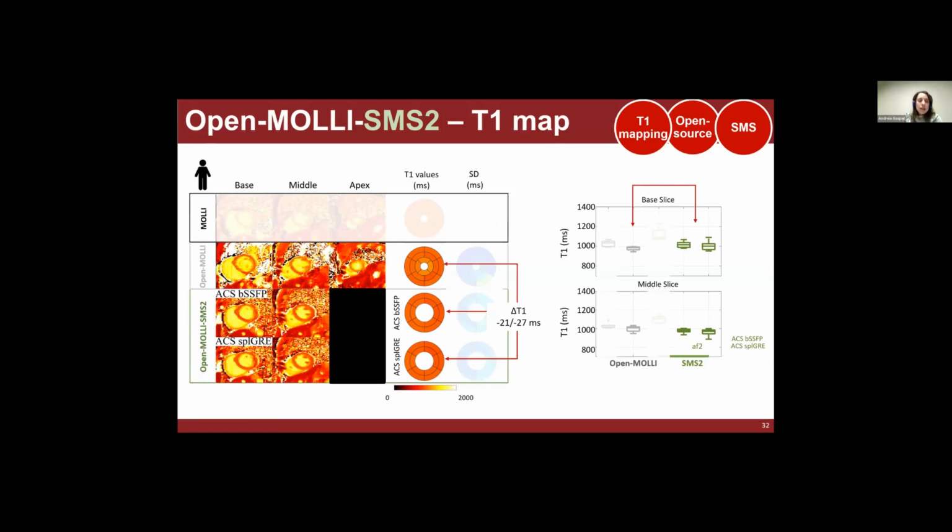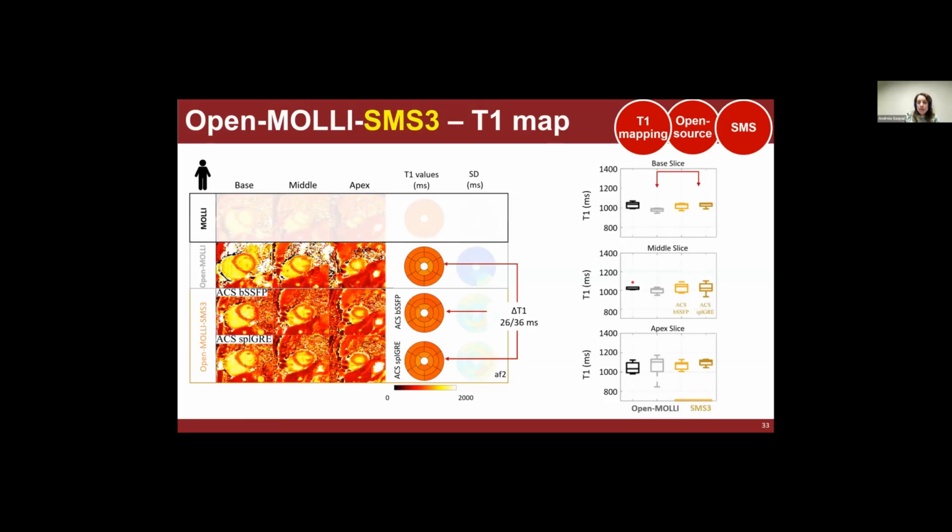Then, if we look into the SMS3, where three slices are acquired, we can also see the expected noise amplification when comparing with the open MOLLI case.